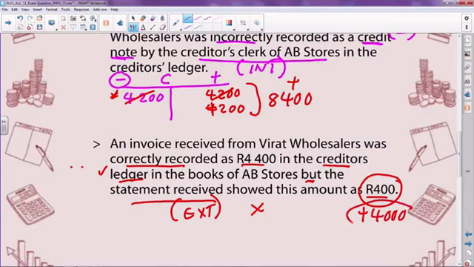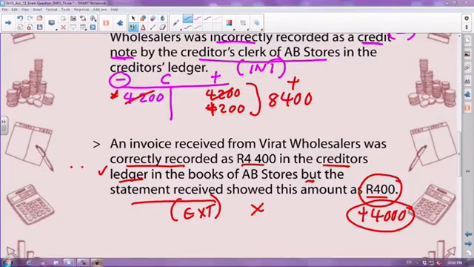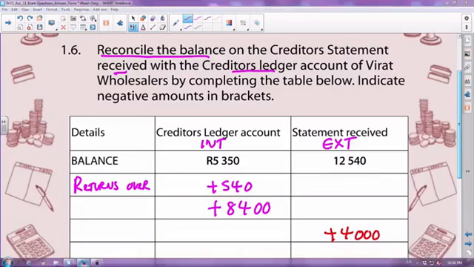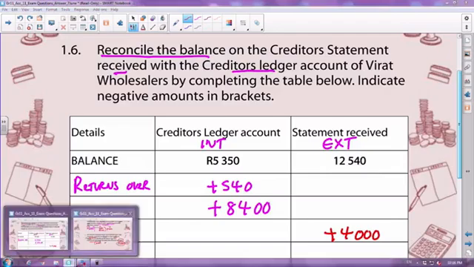So it was understated by 4,000. Right, so let's do that. Let's go to our answer sheet. And remember, they made the error. So we're going to tell them, you made an error, you now need to add 4,000. Okay, right, simple, guys, not difficult. Okay, let's go to the next bit of information.